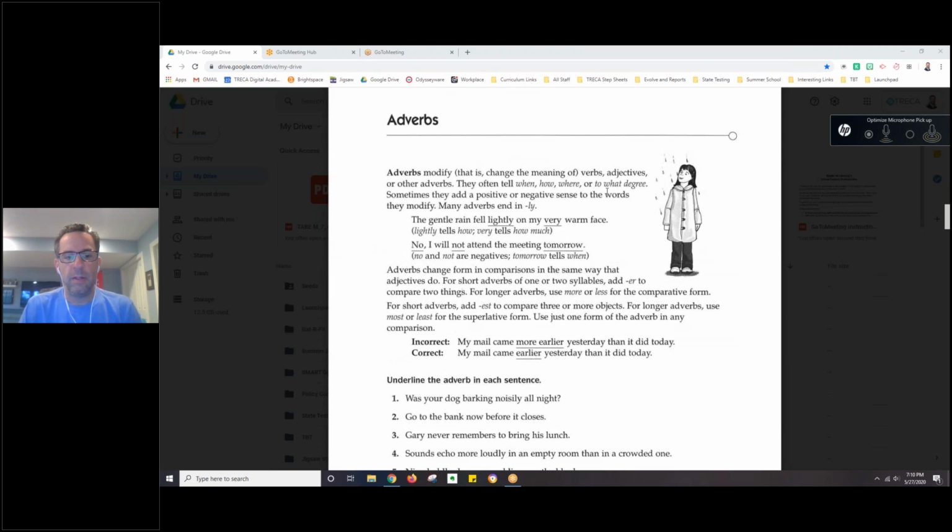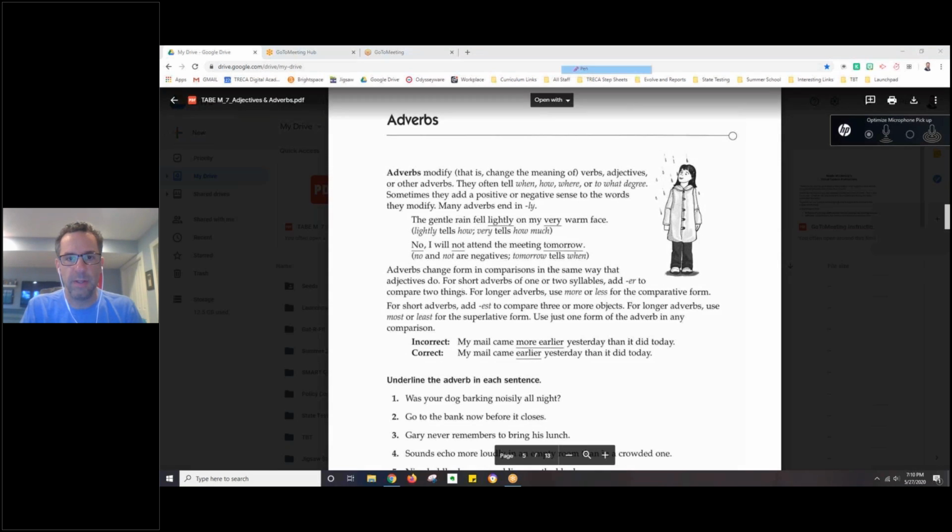So basically, an adverb is something that changes the meaning of a verb. It can change the meaning of an adjective or even other adverbs. When we go through this, you're going to see that they tell when, how, where, and to what degree. Most of the adverbs will end in ly. The example they give here is: the gentle rain fell lightly on my very warm face.